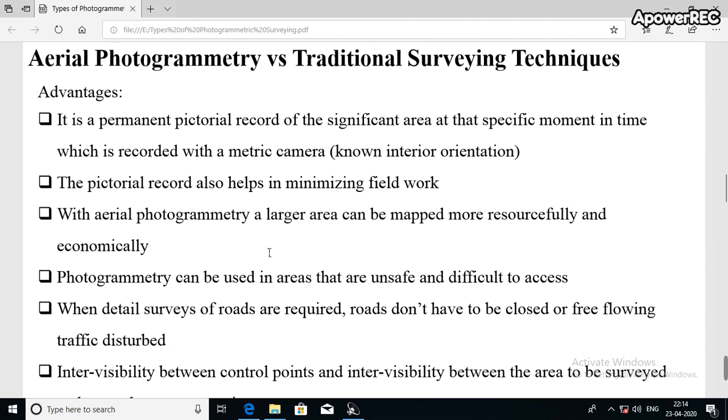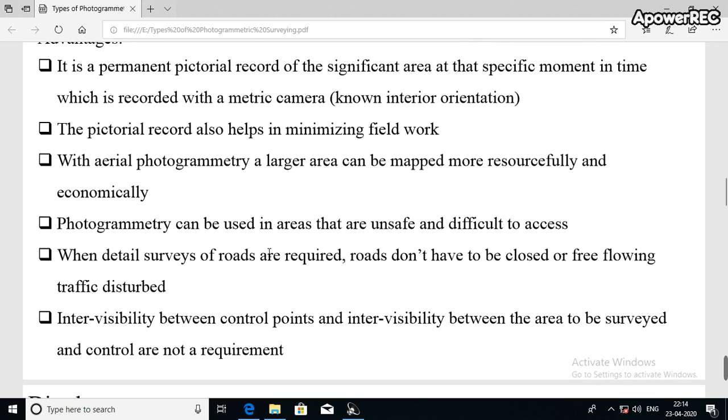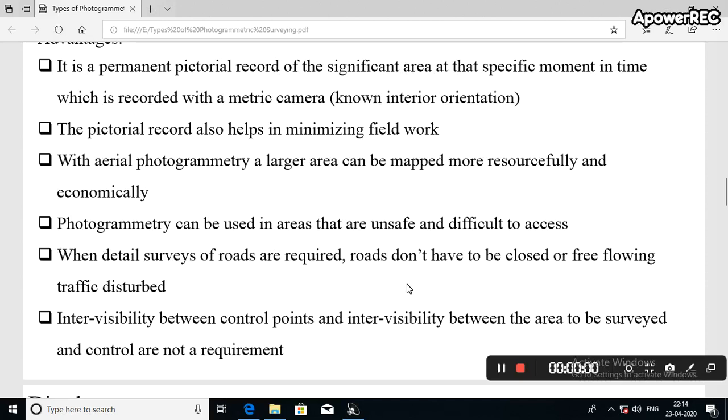They are taken directly from the air, so if an area is inaccessible, we can easily get the data of those areas with the help of aerial photogrammetry. Also, the intervisibility is good compared to field surveying or conventional methods of surveying.